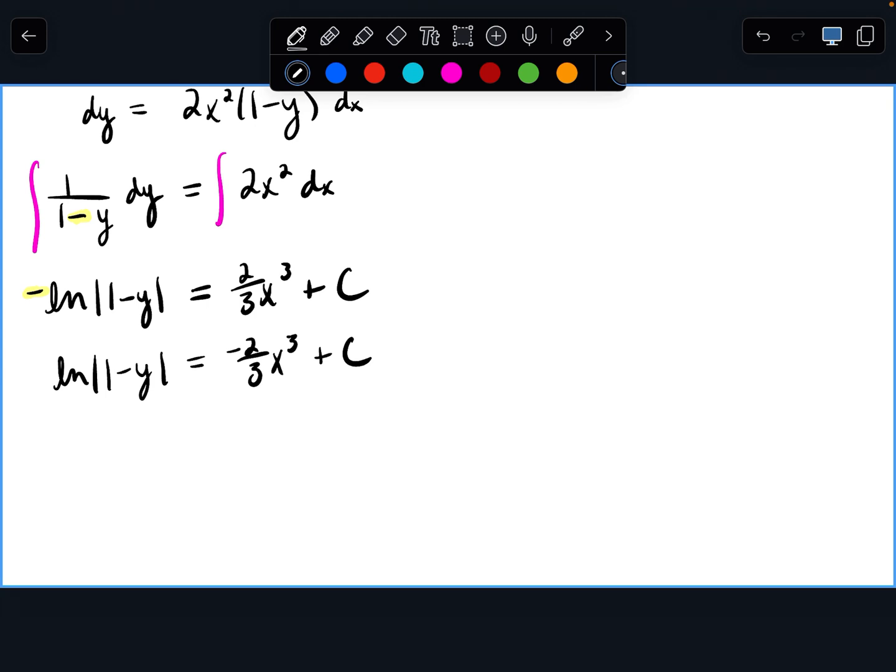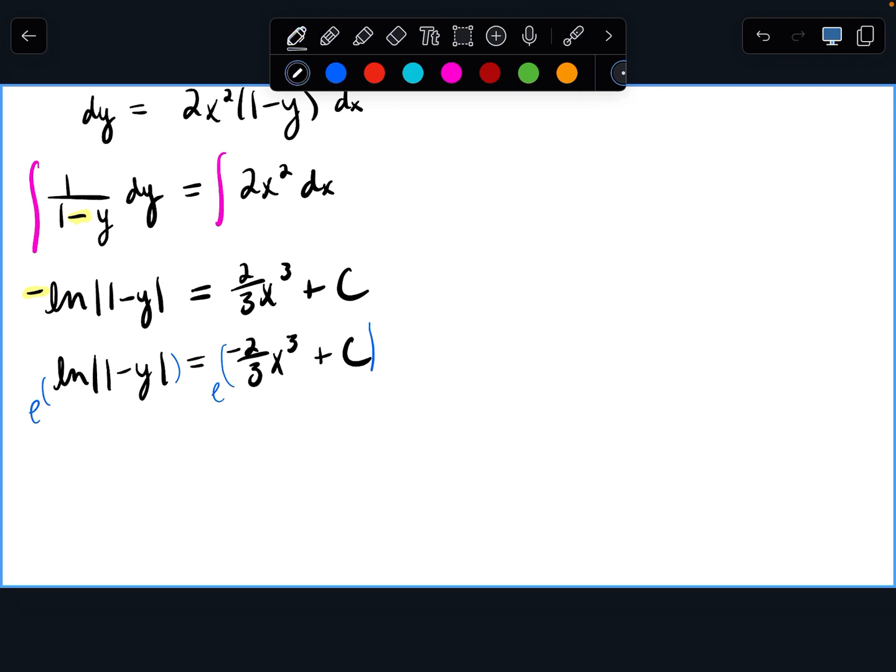Is that the question you're asking? Okay, yeah, so it gets absorbed, and now what you're going to do is you're going to eat up the natural log. Correct.